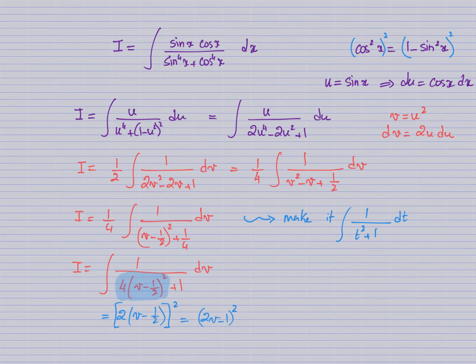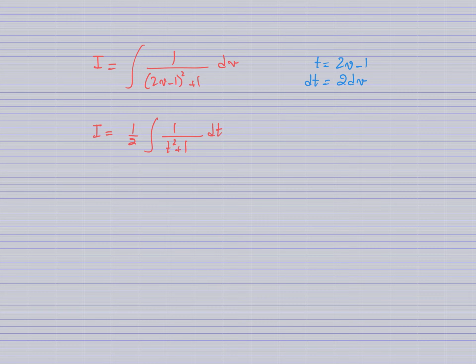Then we express this term as a square, and this gives us I equals the integral of 1 over 2v minus 1 squared plus 1 dv, which finally suggests the substitution t equals 2v minus 1. Now, using the substitution t equals 2v minus 1, our integral I becomes 1/2 the integral of 1 over t squared plus 1 dt. So I equals 1/2 tan inverse of t plus c.